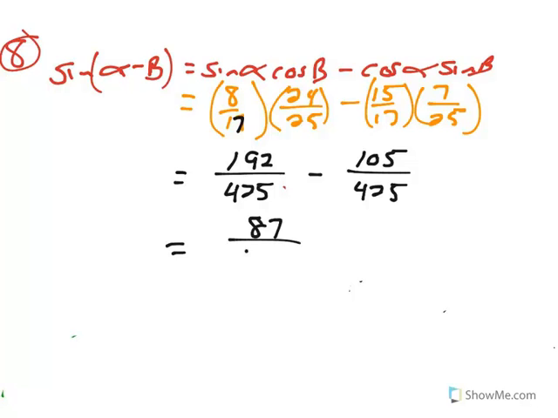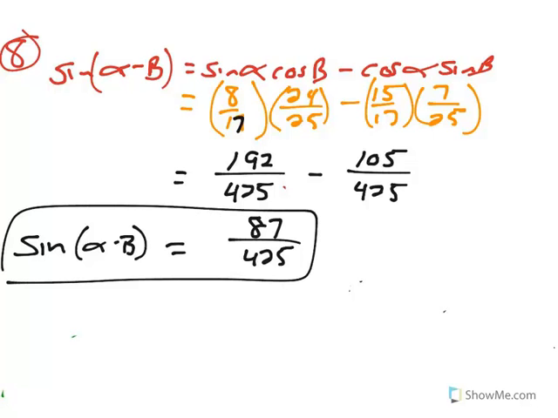So we get 87 over 425. If that reduces, you should reduce it. It does not reduce. Therefore, sine of alpha minus beta is 87 over 425.